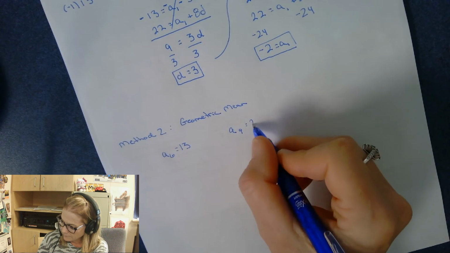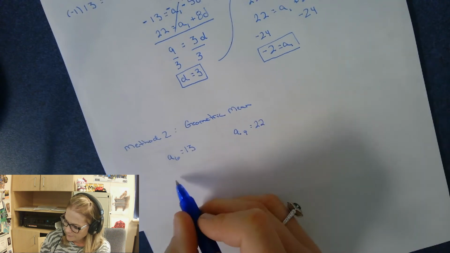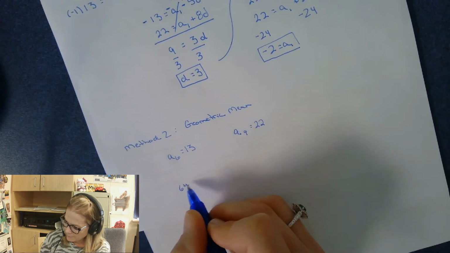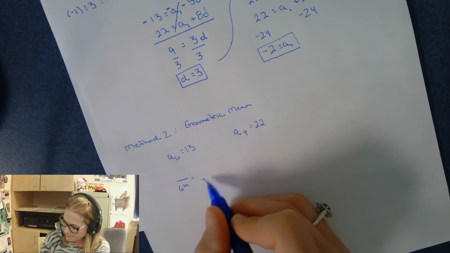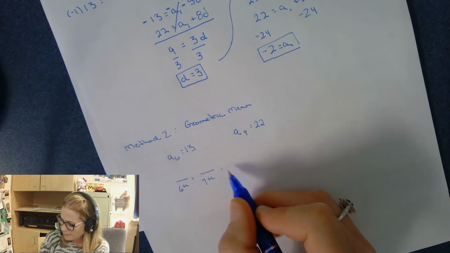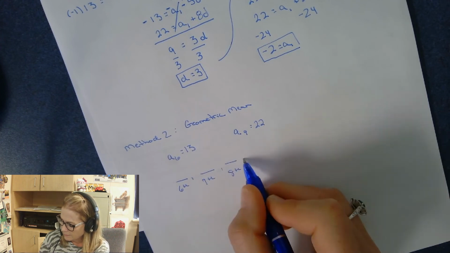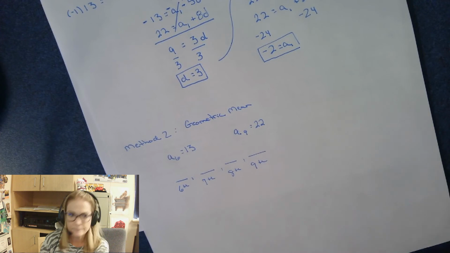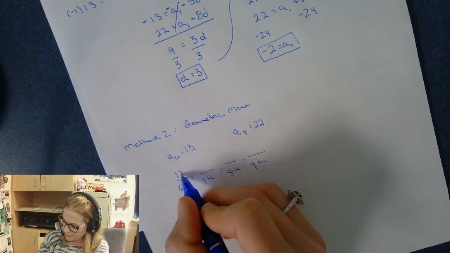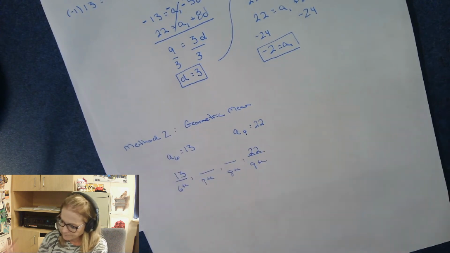Okay, so you would say, well, the 6th term, comma, 7th term, comma, 8th term, comma, 9th term. All right? And so this is 13, and this is 22.